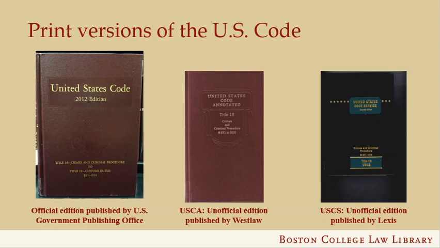The United States Code Service is published by Lexis Legal Publishing and is available electronically on the Lexis Advanced platform. The unofficial versions of the code are much more up-to-date than the official version, even in its electronic form. The other real advantage of the unofficial codes for research purposes is both USCA and USCS include annotations. This means references to cases that have interpreted particular code sections, and other useful research references.